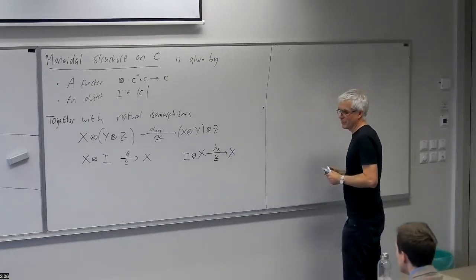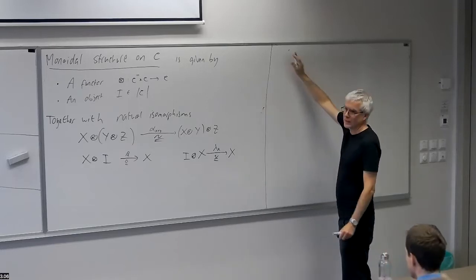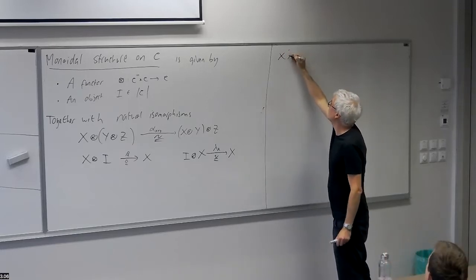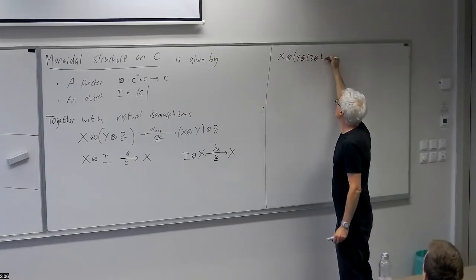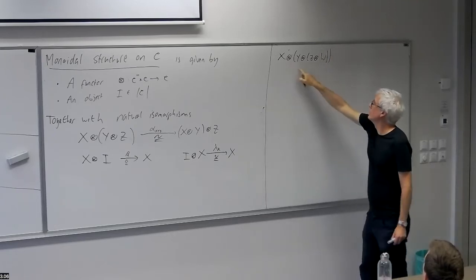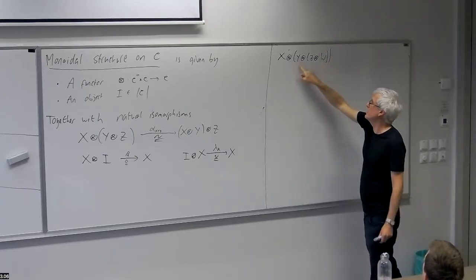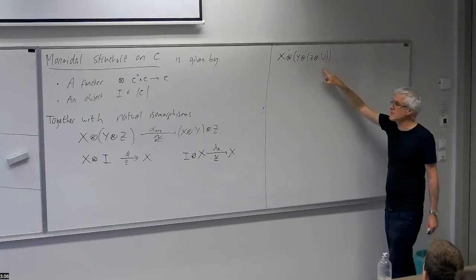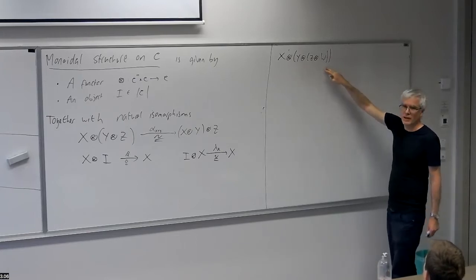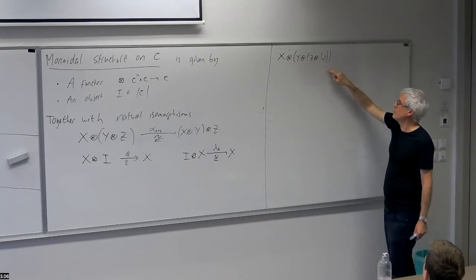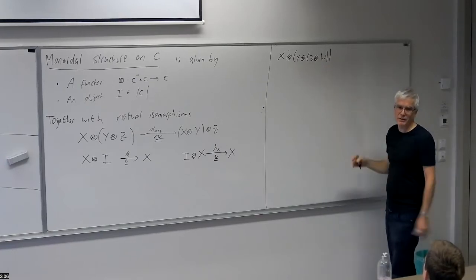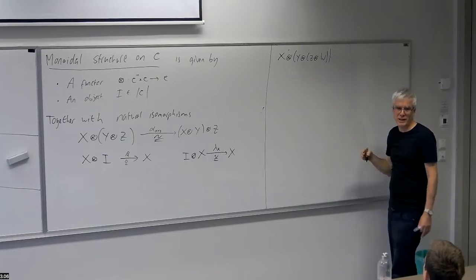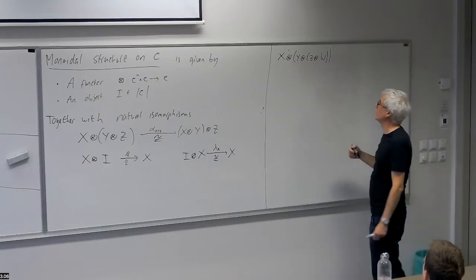So let's start with the most complicated of the axioms. What we look at is what happens if we consider a chain of tensors like this, with everything shifted to the right. We're going to shift everything to the left, associating to the left, but there are actually two different ways of getting there, and we want those two different ways to coincide.